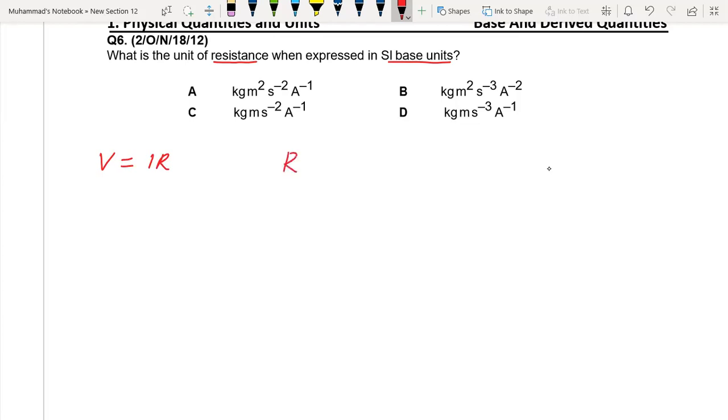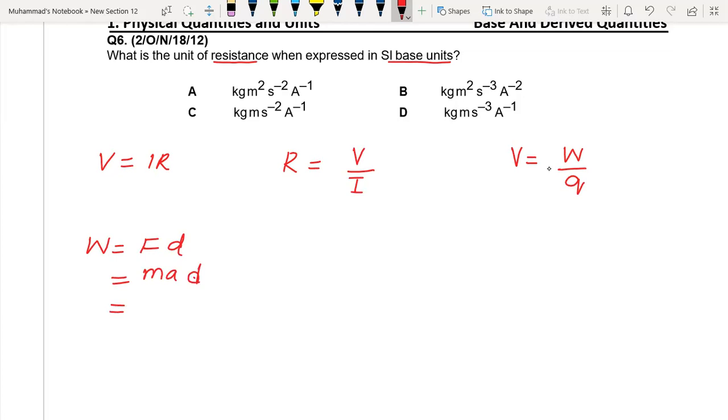So resistance is V over I. V is potential difference, defined as work done per unit charge, and work done is F times D.